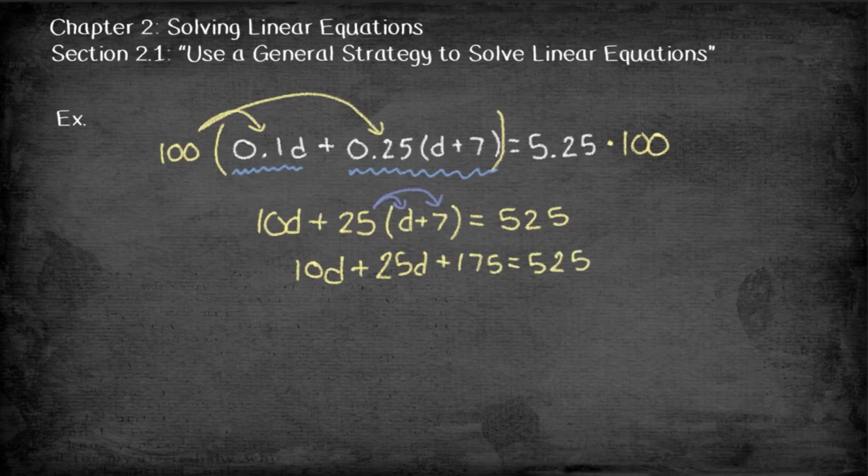Collecting like terms gives us 35d plus 175 equals 525. All the variables are on one side, so we got to move this 175 out the way.